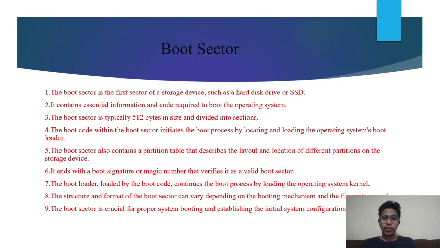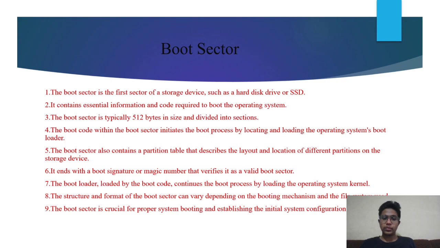The boot sector also contains a partition table that describes the layout and allocation of different partitions on the storage device. It ends with a boot signature or magic number that verifies it is a valid boot sector.